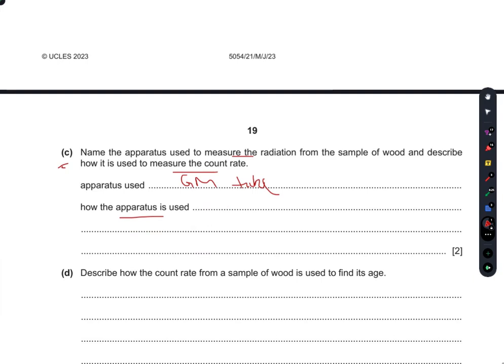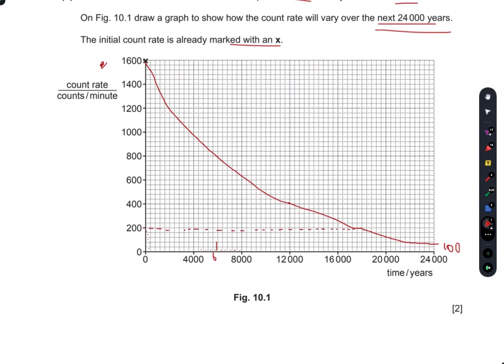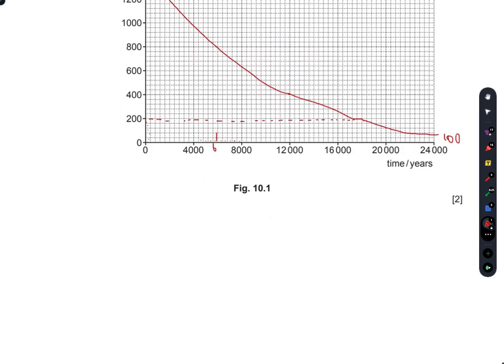We measure the count rate by the GM tube, compare it with the graph for the half-life, and at the end we subtract the background radiation, which should not actually be there. So that's how the GM tube is used.